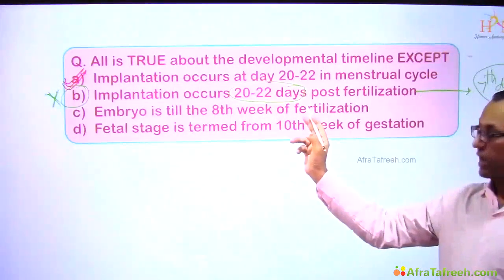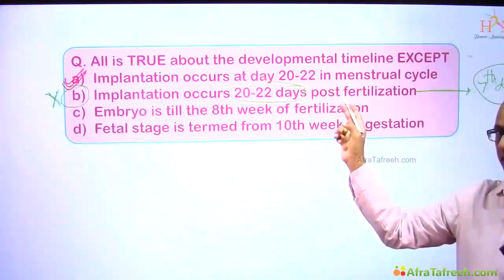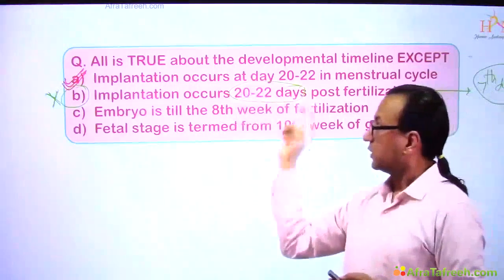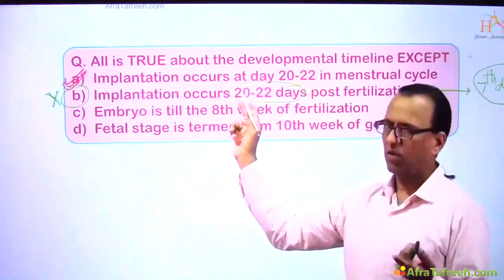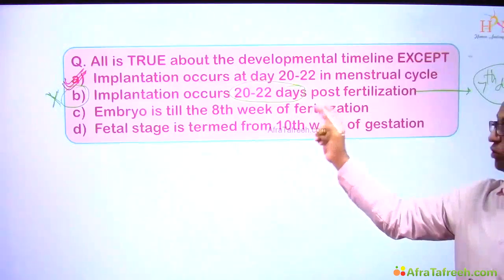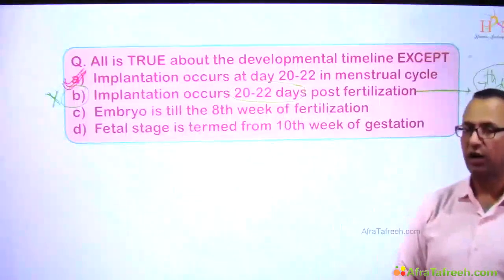So be careful. In this question, the answer should be choice number B, because if you say fertilization age, or what is called ovulation age, then this would be the 7th day or maybe 1 week the blastocyst takes to implant into the endometrium. So it is the wrong choice, and that is the false statement in your answer.